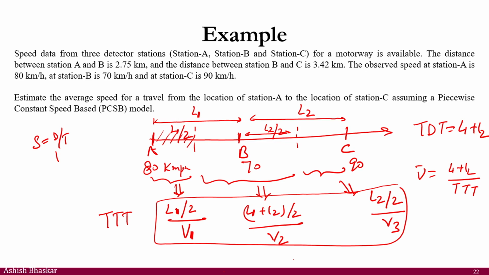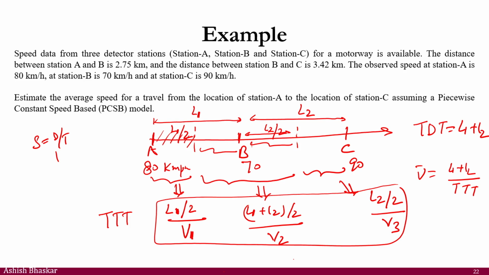Because the distance here is L1 by 2, and this is L2 by 2. But I can also simplify, right? So I can cancel the 2s. So you can have L1 by 2 V1 plus L1 by 2 divided by V1 and V2, and so on.